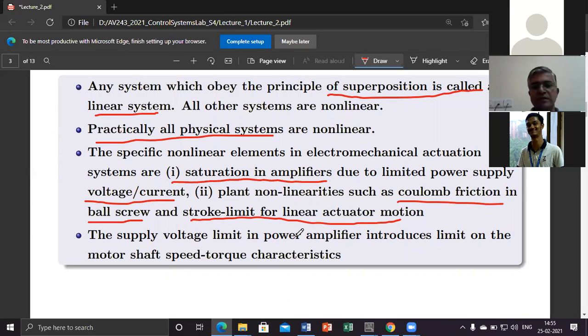All these terms are familiar to you. Now we'll consider one by one. Then another thing is the supply voltage limit in power amplifier, which introduces a limit on the motor shaft speed torque characteristics. All these terms I am going to explain in the subsequent slides.